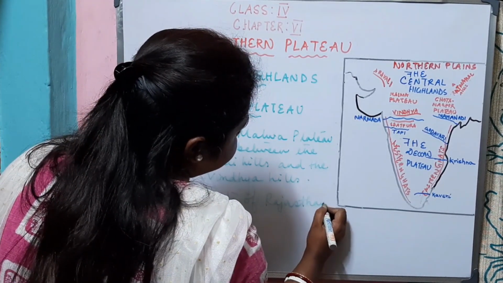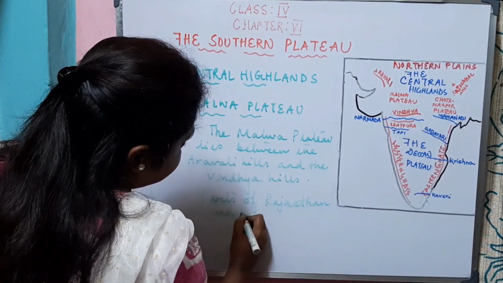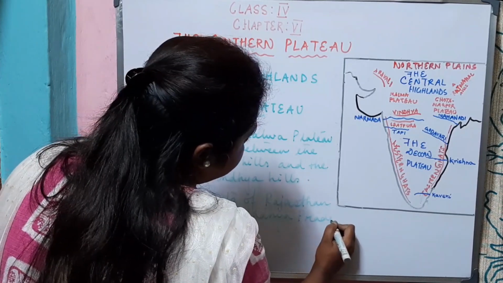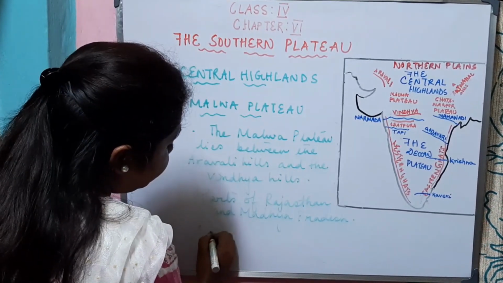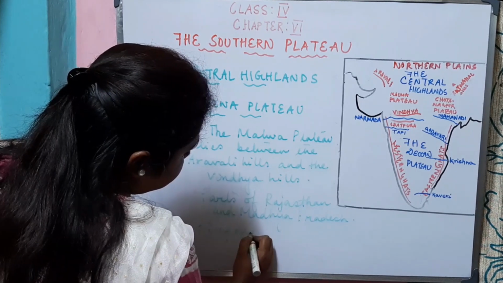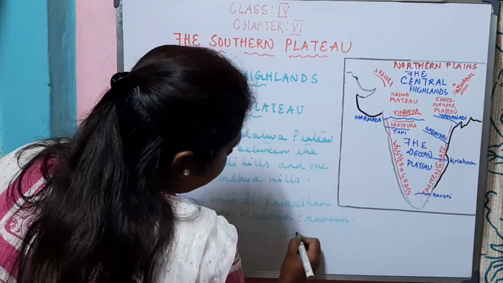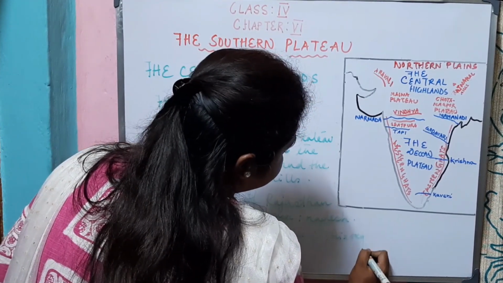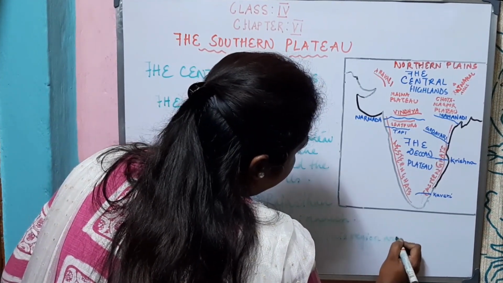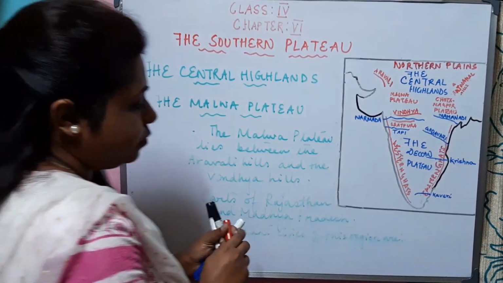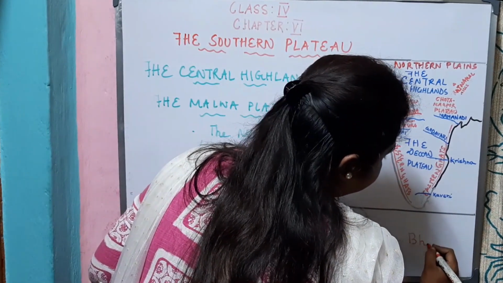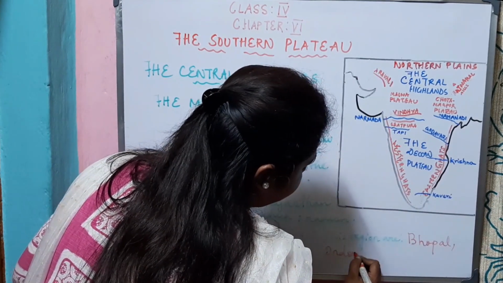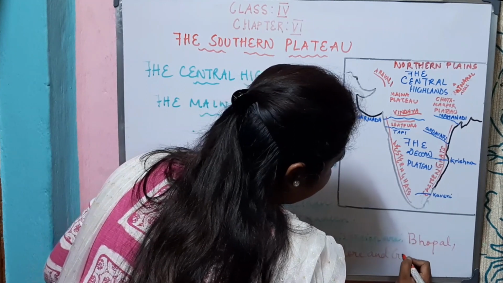The Malwa Plateau includes parts of Rajasthan and Madhya Pradesh. Important cities of this region are Bhopal, Indore and Gwalior.